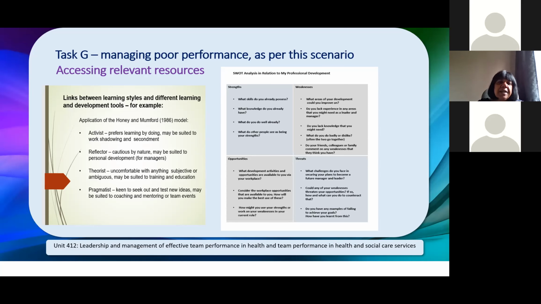For example, if you looked at the application of the Honey and Mumford model, if you've got a worker who, through their preferences and behaviours, would be defined as an activist, which means they prefer learning by doing, then it might be that what is suitable for the way in which they learn is a discussion around work shadowing or secondment, because they're learning as they're doing.